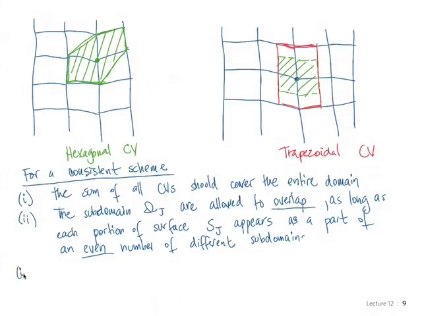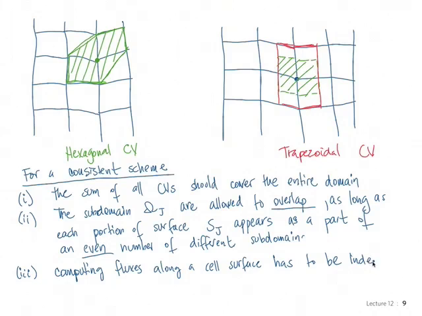So that is the other requirement, and the final requirement is that computing fluxes along a cell surface has to be independent of the cell in which they are considered.